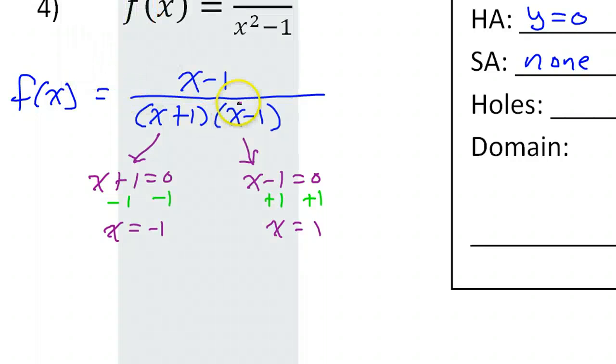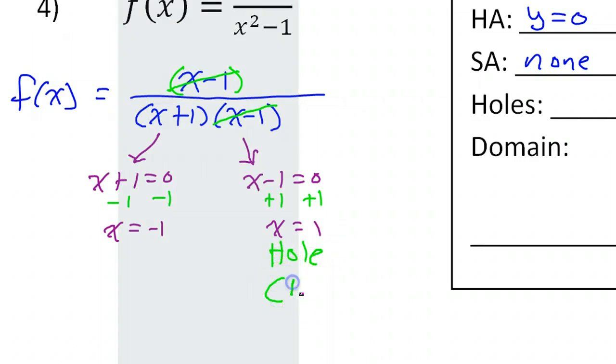The reason why is because, see this x minus 1 up here? Alright, so I have an x minus 1 in the numerator and denominator. In a sense, those will cancel out. For that reason, this x equals 1 is not a vertical asymptote. Alright, instead, this is going to give me a hole.